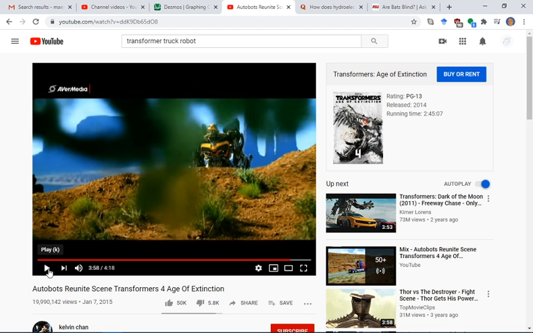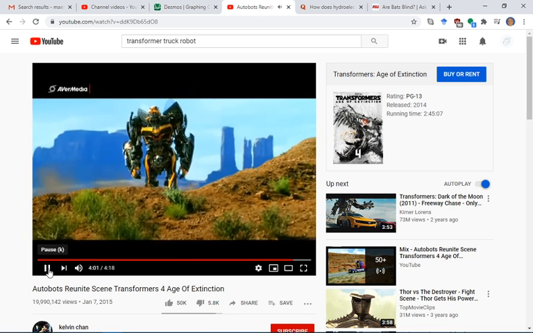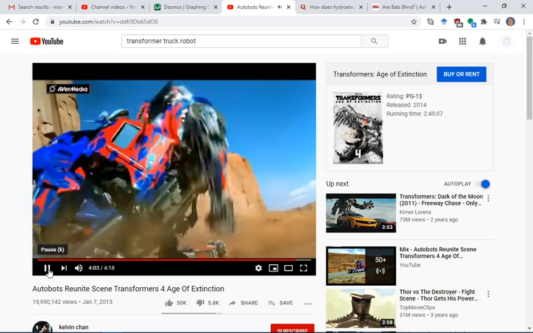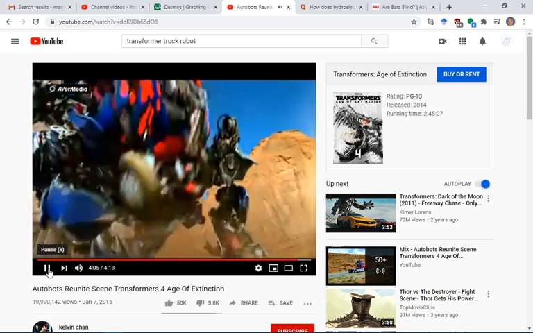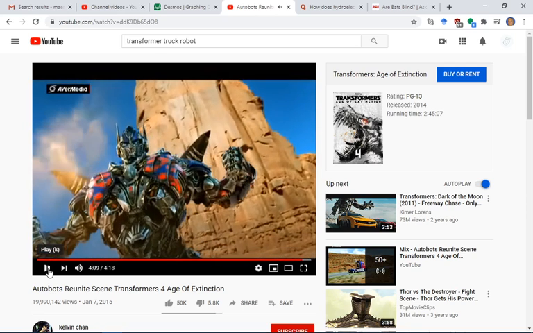So in this movie, there's a truck that transforms to this robot back and forth and such. So that is a legitimate transformer.